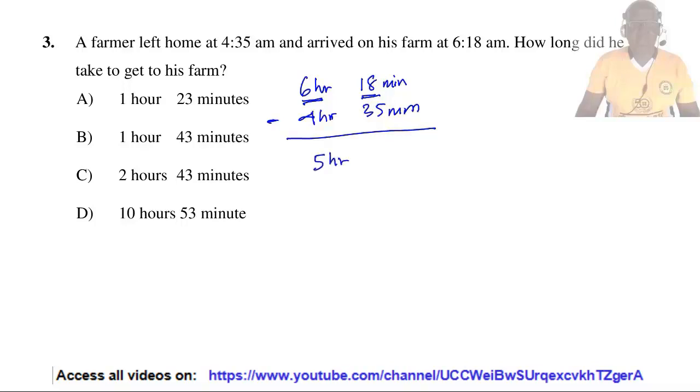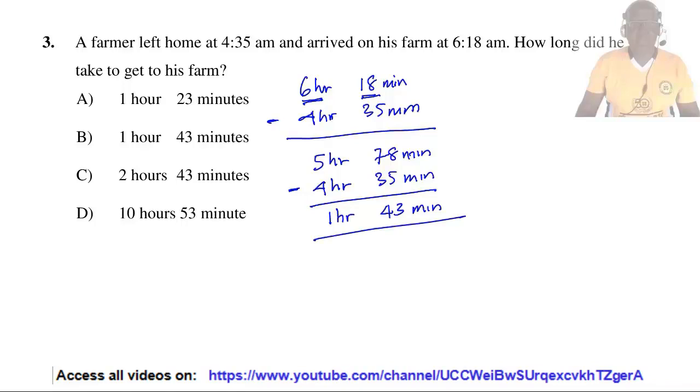And then 60 plus 18, we shall get 78 minutes, minus 4 hours 35 minutes. This will give us 43 minutes and 1 hour. So the answer is B.